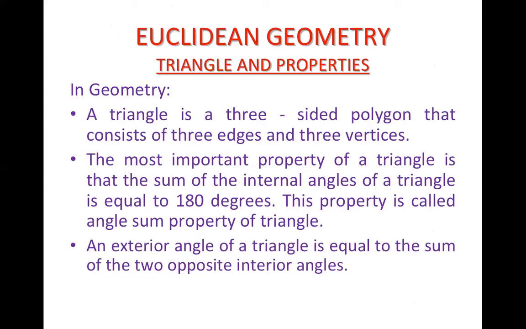Because tri stands for three, a triangle is a polygon that has three sides, three edges and vertices. And the exterior angle of a triangle is equal to the sum of the interior opposite angles. Remember that story; I believe you won't forget it when we get to the question.